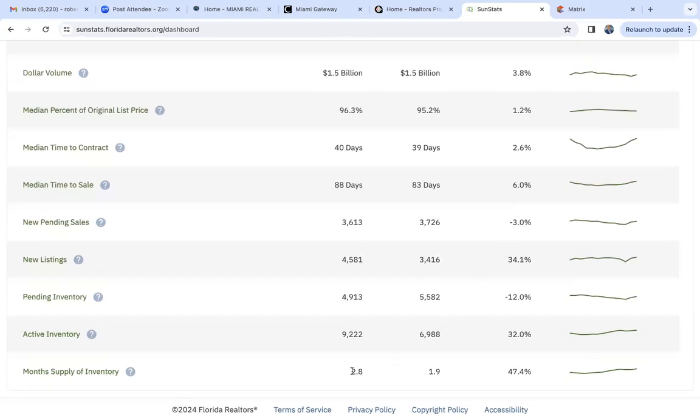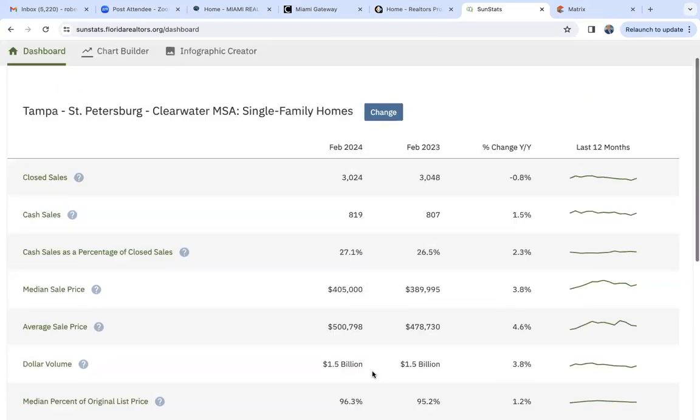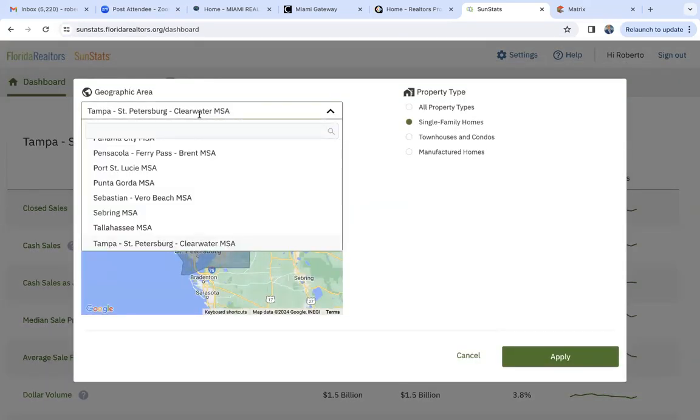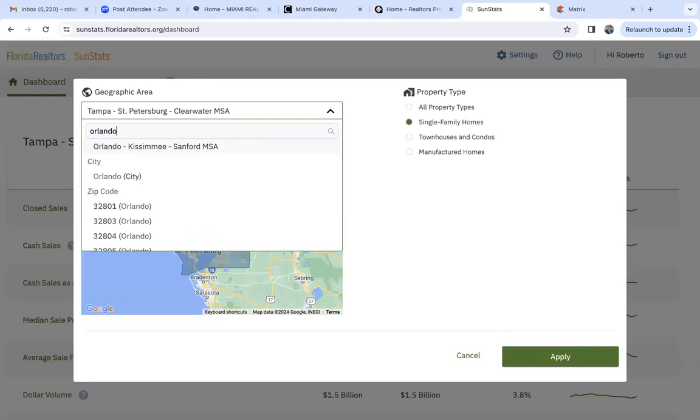All right. In Tampa, we're looking at 2.8 months of inventory. So Tampa, in general that entire area, is still considered a seller's market. If you come over here and switch this to the Orlando area, again you can go with the city of Orlando or the entire area known as Orlando, Kissimmee, and Sanford.